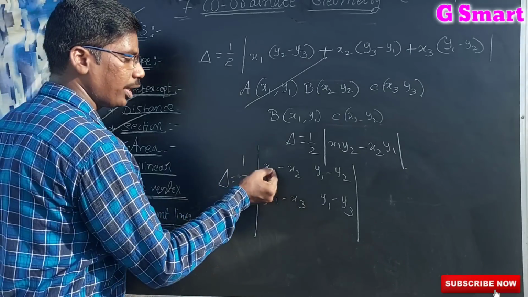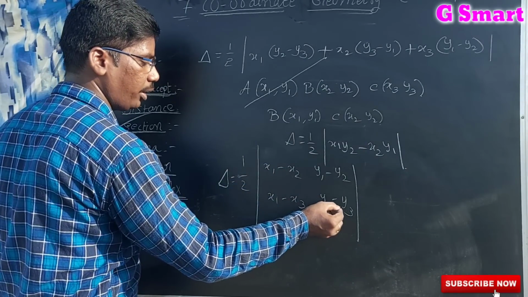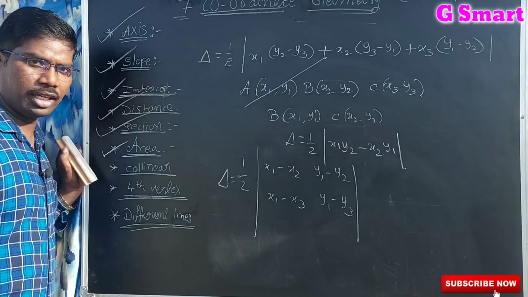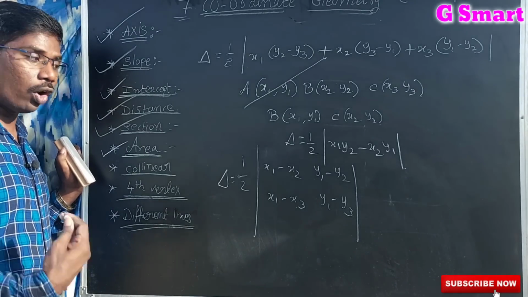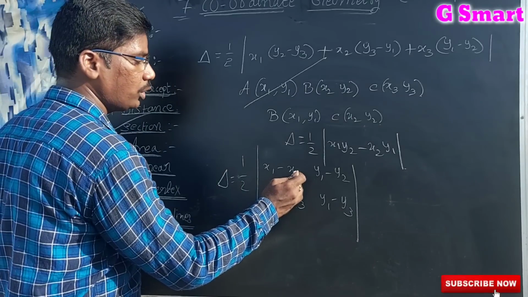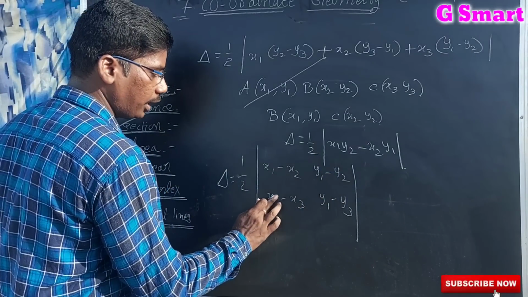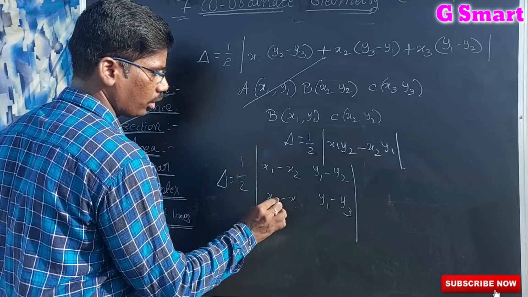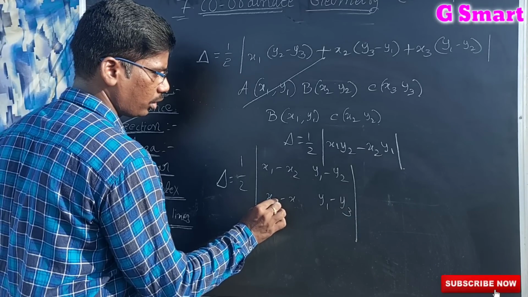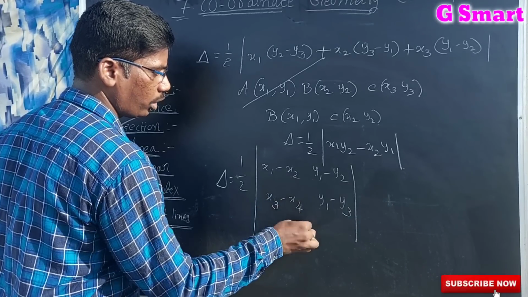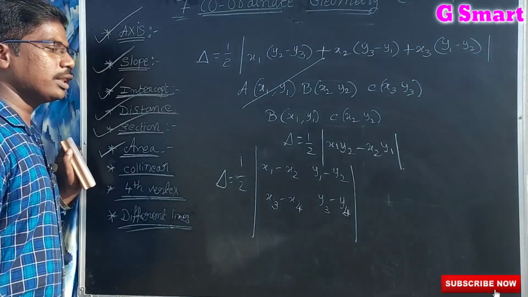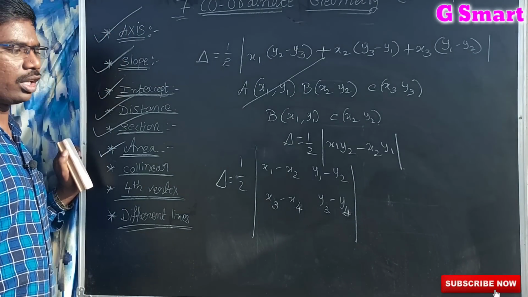If you do cross multiplication, (x1 minus x2) into (y1 minus y3) minus (x1 minus x3) into (y1 minus y2), that is the area of the triangle. If you want the quadrilateral, then (x1 minus x2), (y1 minus y2), next here (x3 minus x4) and (y3 minus y4). So this is the area of the quadrilateral.